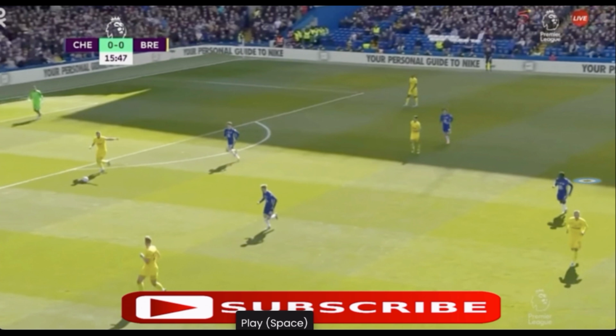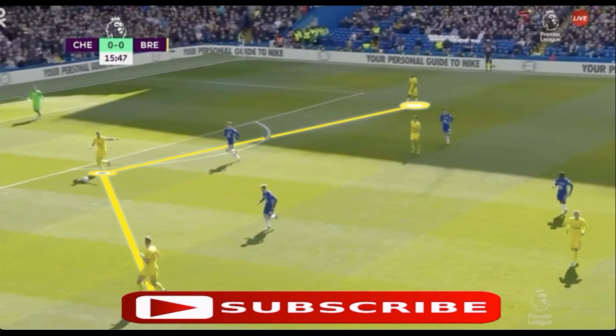Now when Brentford were in possession of the ball, they used asymmetry to allow them to have a more effective initial build-up in their first third of the field, seeing that the right side of the field is overloaded, and Chelsea have to press in their 4-3-3 in different ways on different sides of the field.